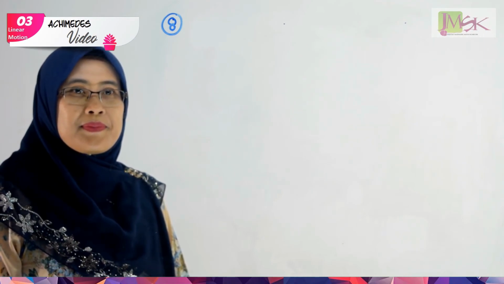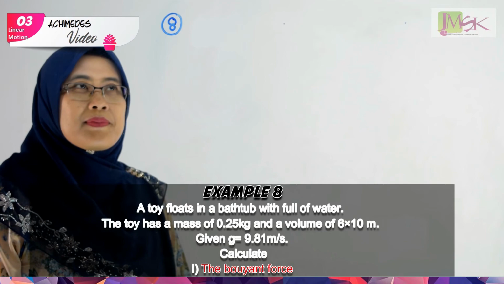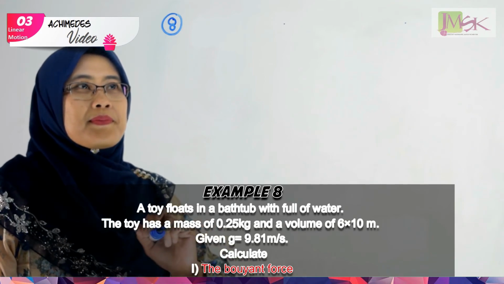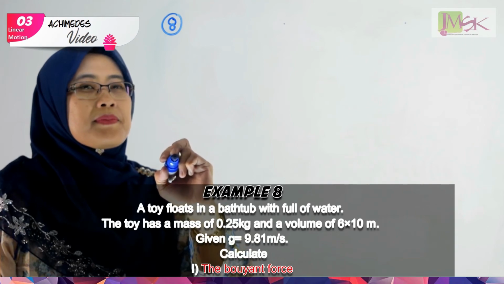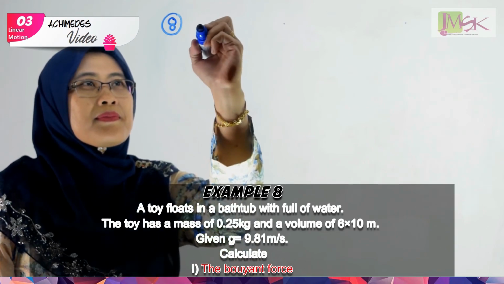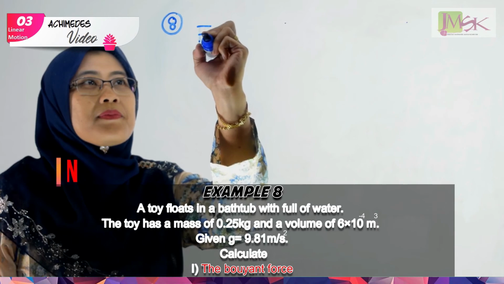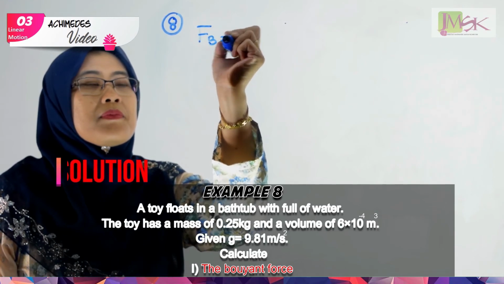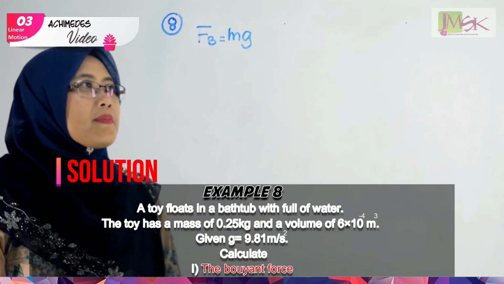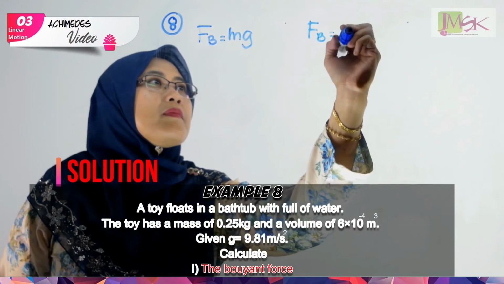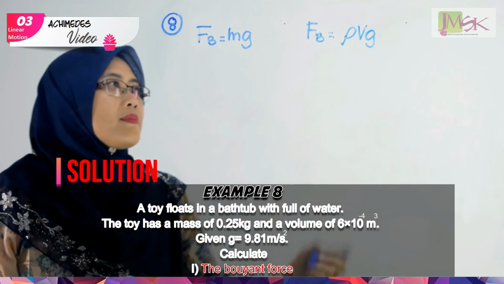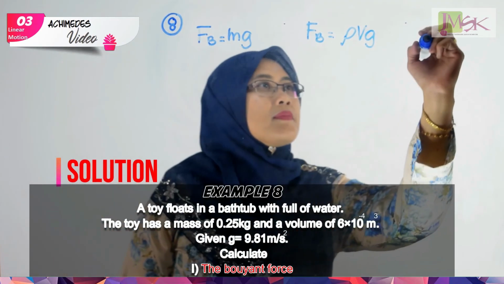The last question is about application of Archimedes' principle because an object is immersed in a fluid. Write the formula FB equal to mg as equation 1, FB equal to rho Vg as equation 2, and rho equal to m over v as equation 3.